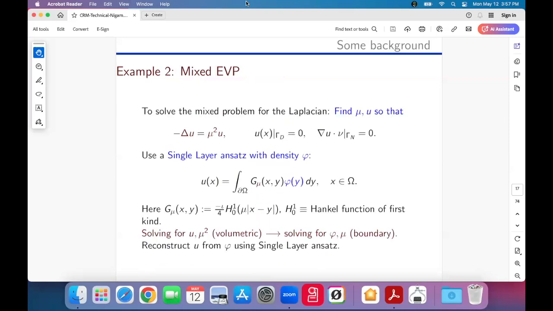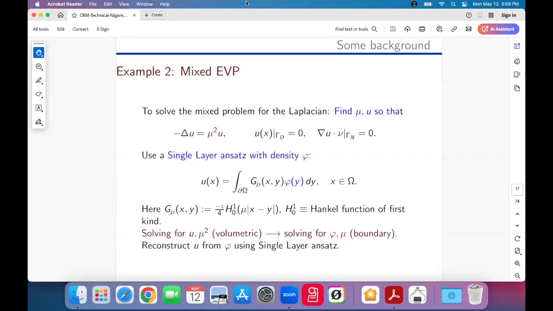Here's a different application, different way of doing this. To solve the mixed problem for the Laplacian, where I have Dirichlet on some parts of the boundary, Neumann on other parts of the boundary, again, I could use a single layer ansatz. Again, I'm looking for an unknown density phi so that the true eigenfunction is the single layer of phi.